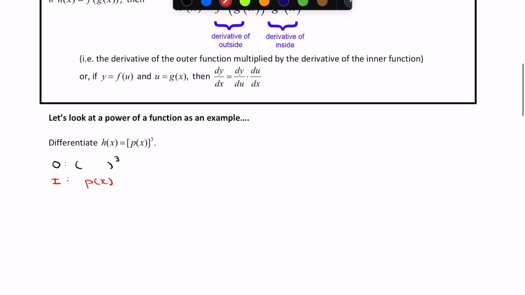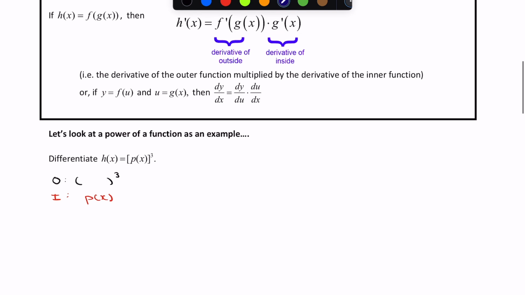So if we use what we just looked at, h prime of x is equal to the derivative of the outside, which would be 3 times p of x squared, times p prime of x.